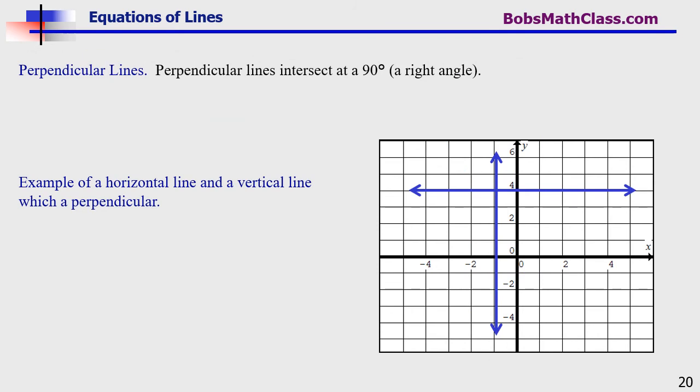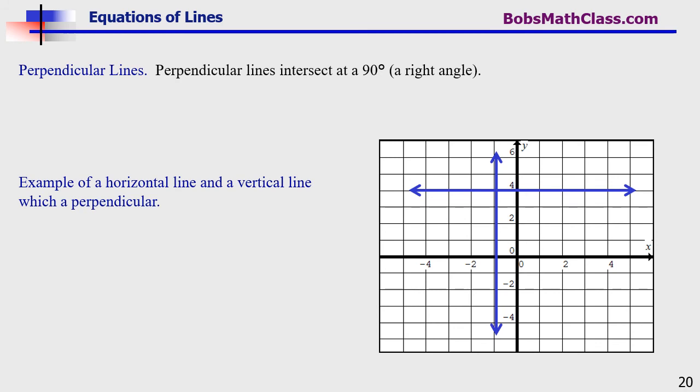We've talked about perpendicular lines. They intersect at a 90-degree angle. Now, if we have one of each, if we have a horizontal line and a vertical line, they are perpendicular to each other. They intersect at a 90-degree angle. What would the equation of the vertical line be?